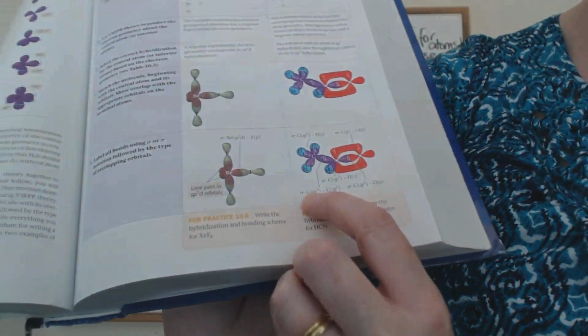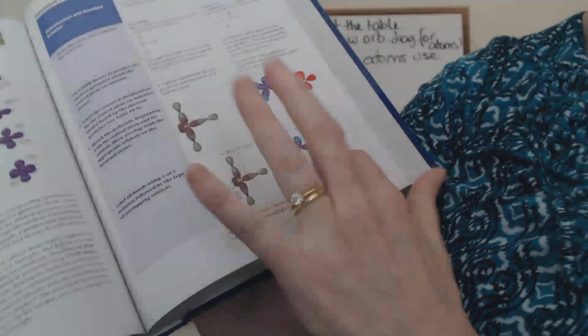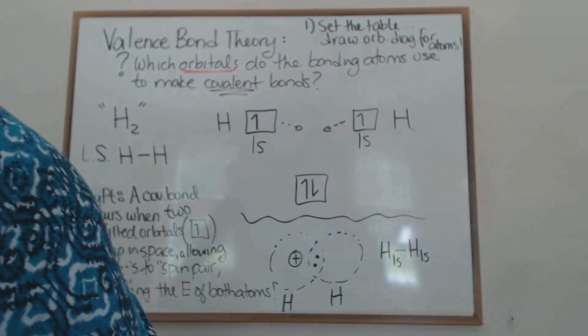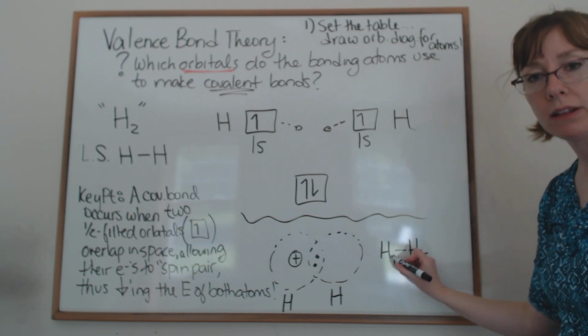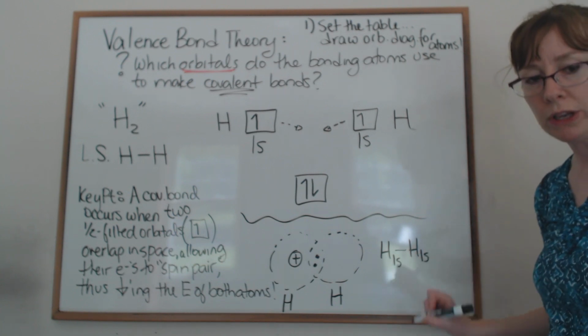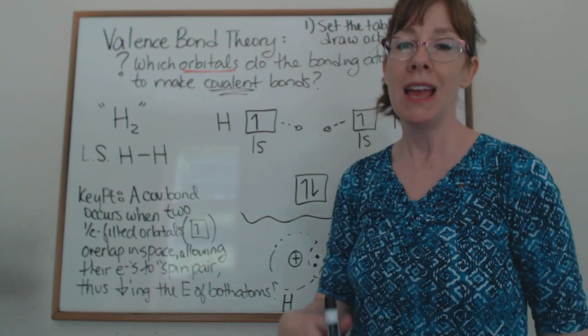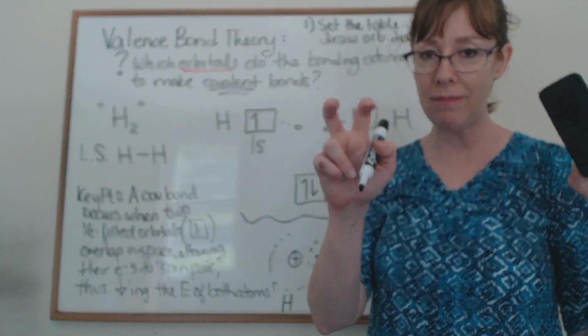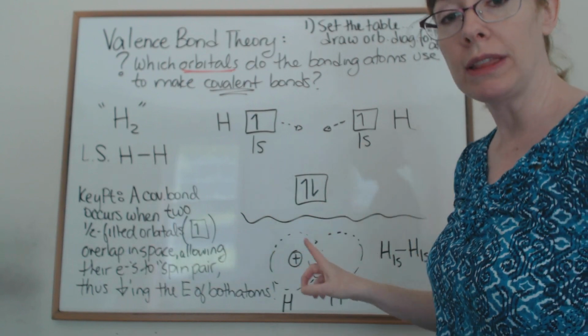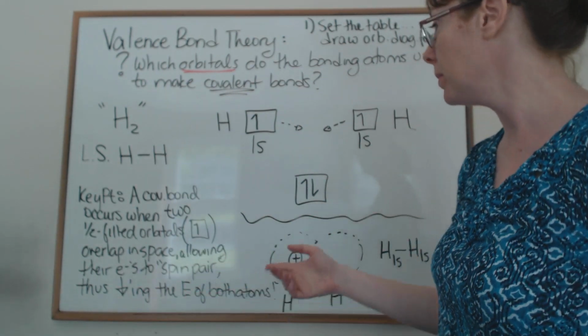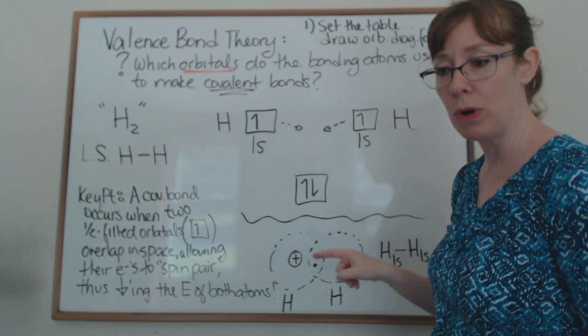You can see that they have the, well, actually this is a hybrid orbital, so I won't go too far into that. But anyhow, they basically put the orbital as a little subscript as to which orbital is being used. Now, you're not going to have to write that on my test, or else I would have been more clear about it. But you should know that the hydrogens are both using 1s orbitals, because that's what they came with.